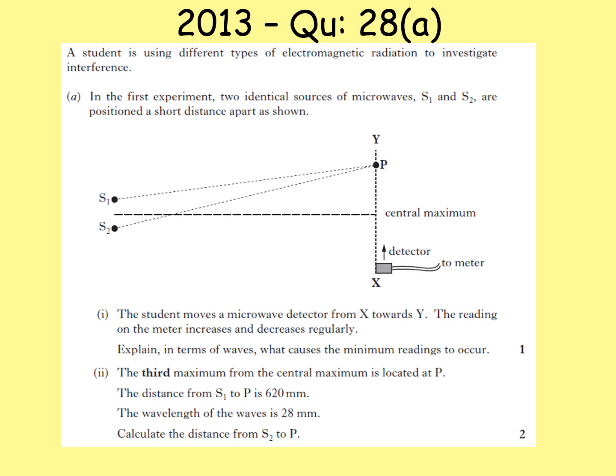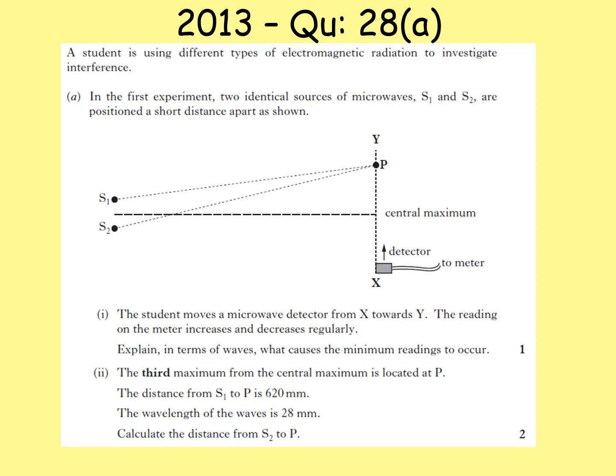A student is using different types of electromagnetic radiation to investigate interference. In the first experiment, two identical sources of microwaves, S1 and S2, are positioned a short distance apart as shown. The student moves a microwave detector from X towards Y. The reading on the meter increases and decreases regularly.